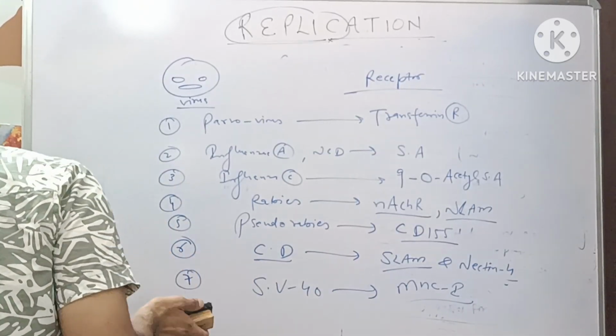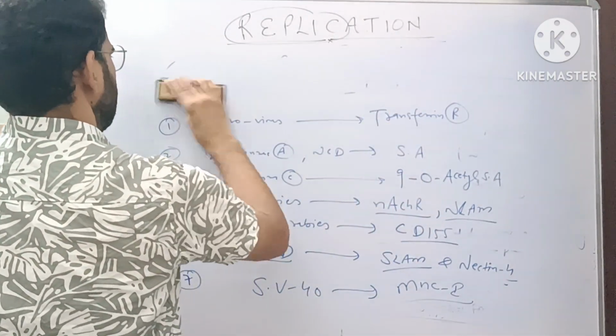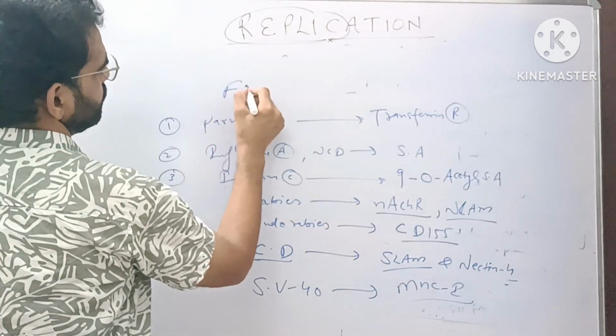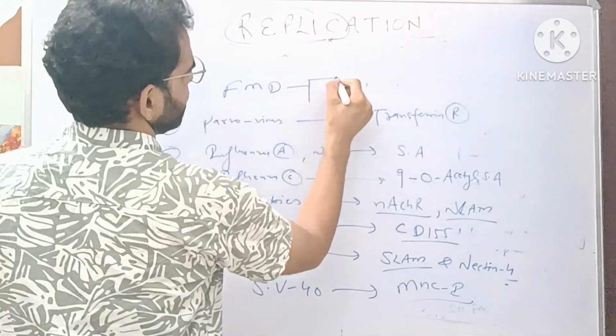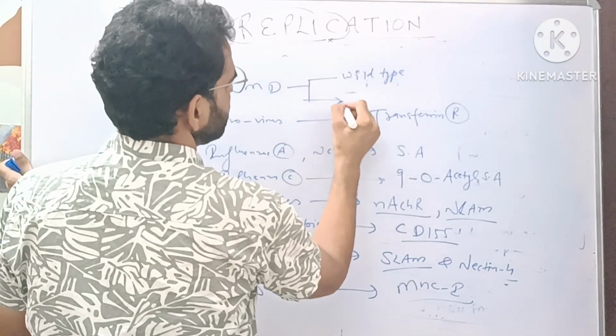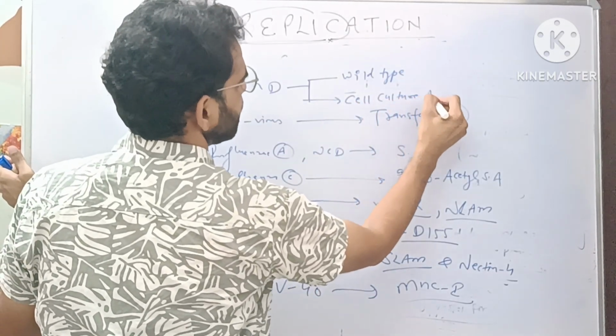Then the last one is the FMD virus, foot and mouth disease virus. FMD, whether it is wild type or cell culture adapted.